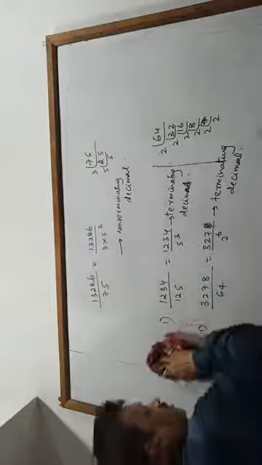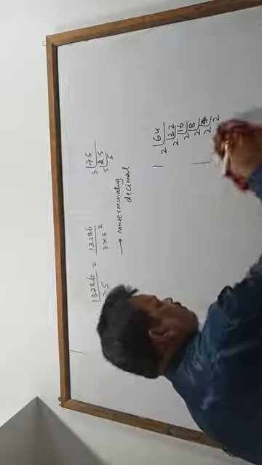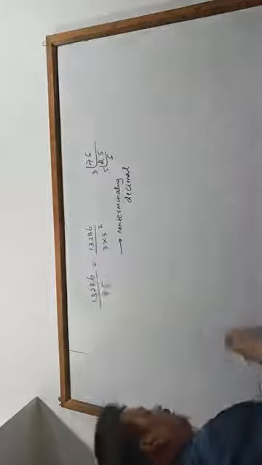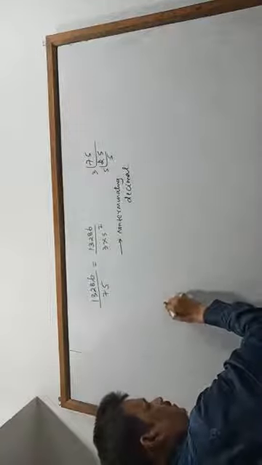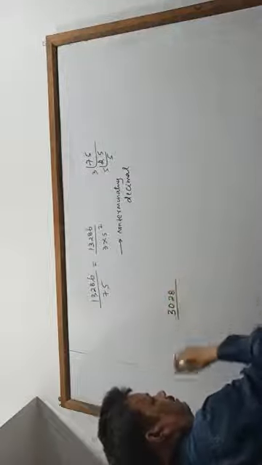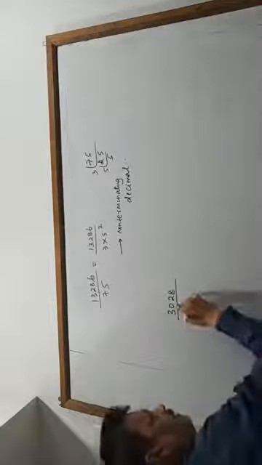Okay, let's take one more. Take 3028 divided by 28.